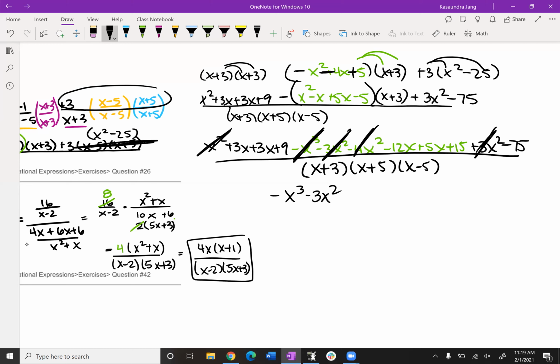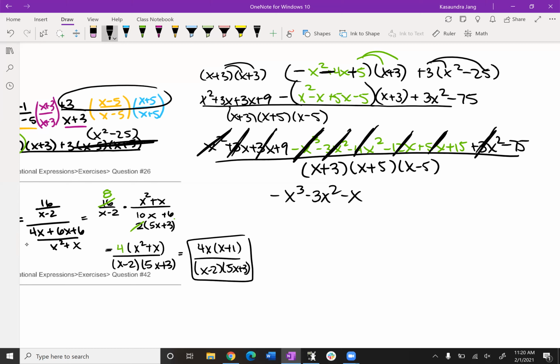All right, let's see, what else do I need? Next exponent down will be plain x's. So let's see, I've got a 3x and another 3x, so I'm up to 6x. Negative 12x, so 6 minus 12 is a negative 6. Plus 5x, negative 6 plus 5 is a negative 1, and that's negative 1x, and I think those are all the x's I've got. So you can write negative 1x, or I just call it negative x. All right, so we took care of all of these plain x's.